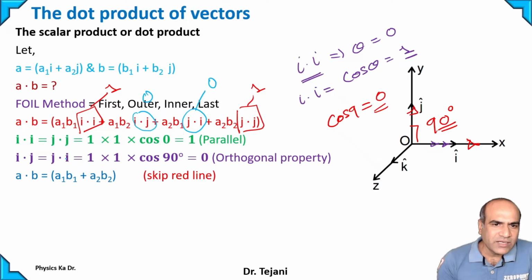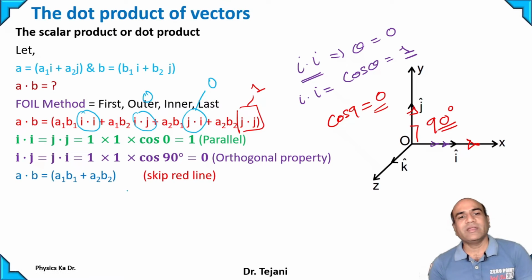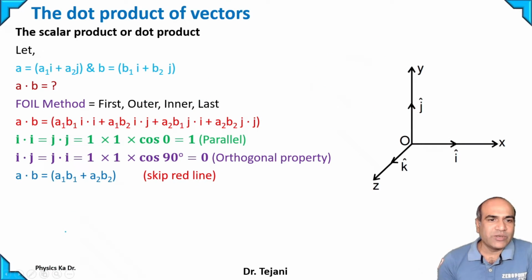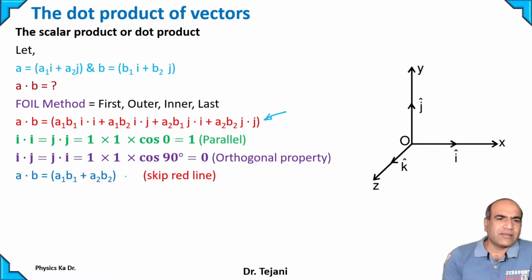So finally we just have I dot I become 1, j dot j become 1, and that gives a1 b1 plus a2 b2. And during calculation of the dot product, you may skip this step and directly write this.